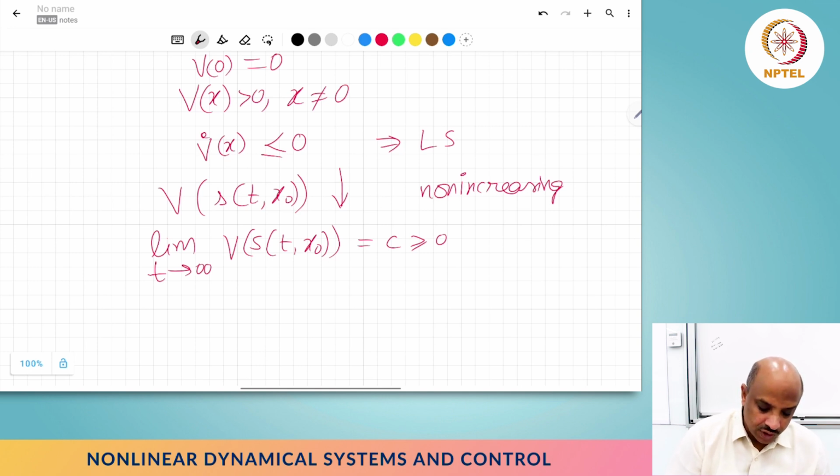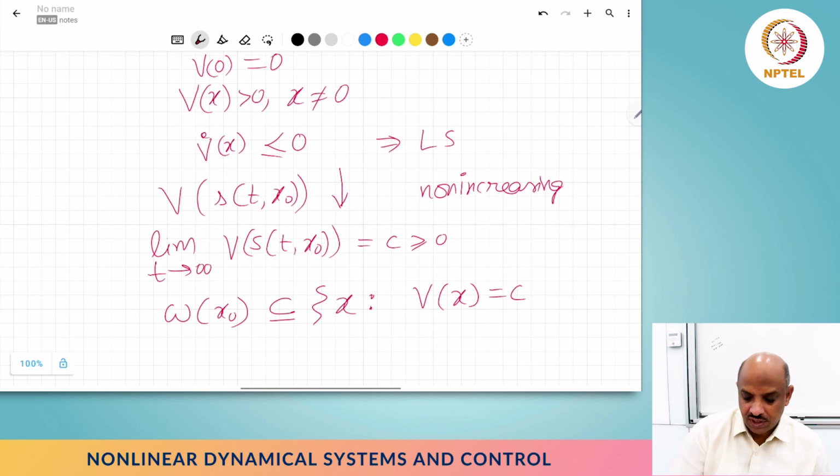So one of the things that we can conclude therefore is that omega of x0 is a subset of this set, x given by V of x equal to C. I don't know what this C is. All I know is it is some non-negative number. But omega is going to be a subset of some set like this, right? And such sets we call level sets, okay?